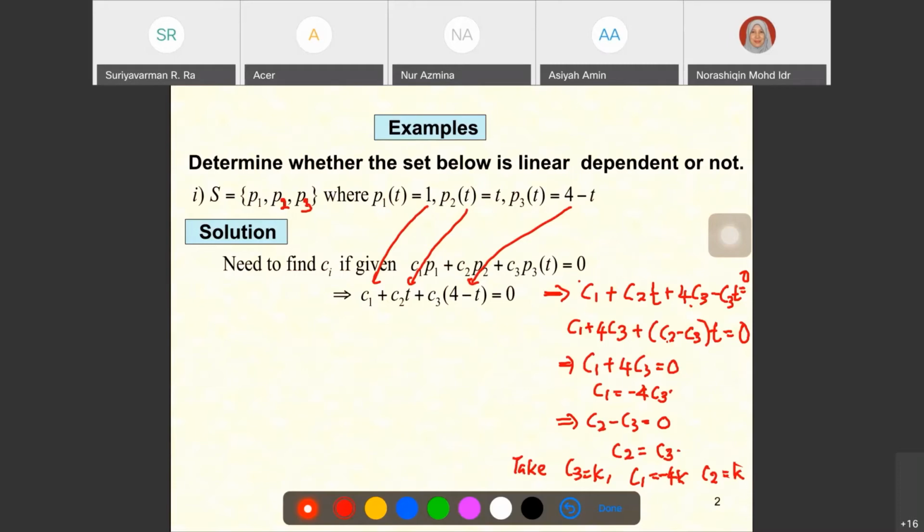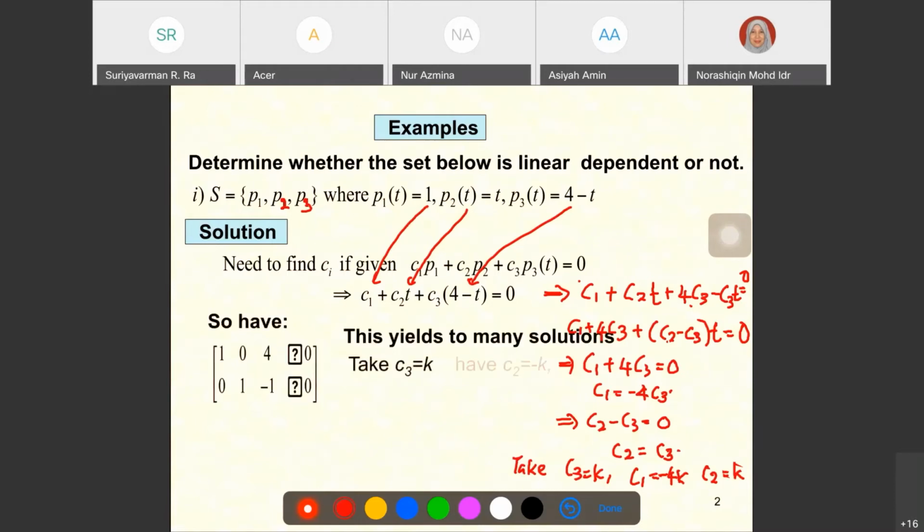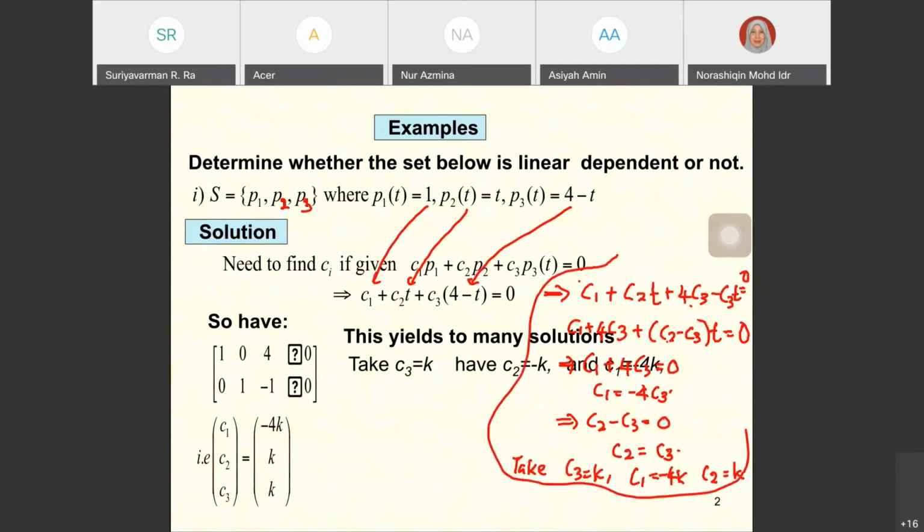The C's must be in the form where C3 is K, C2 is K, C1 is negative 4K. Either way of solving is fine, it doesn't matter. But for this polynomial, it is easier to solve this way, right?